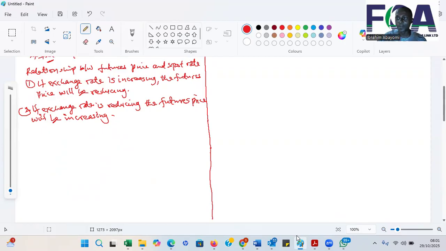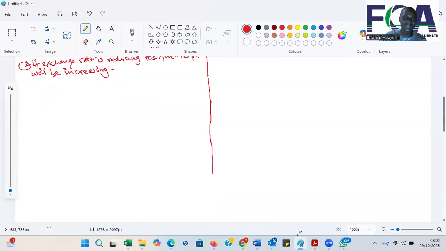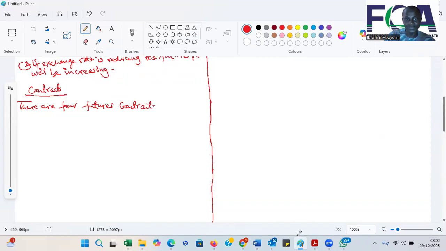There are four futures contracts in a year.